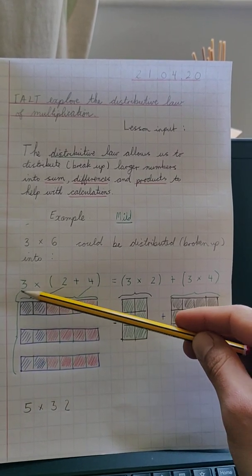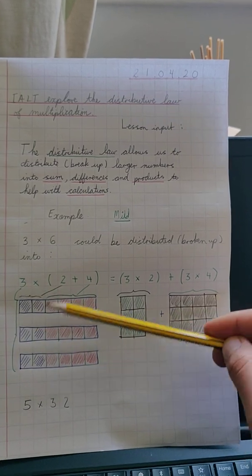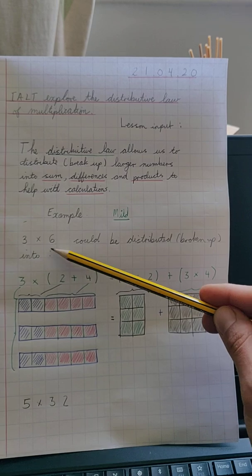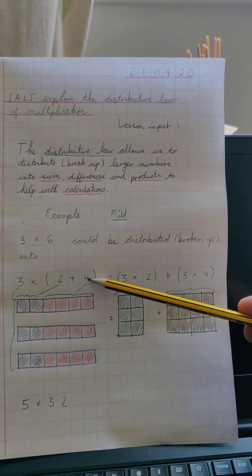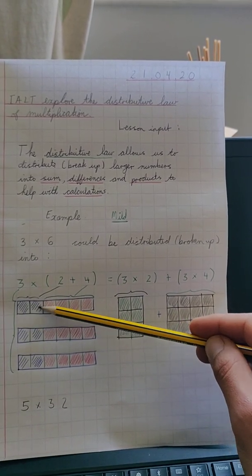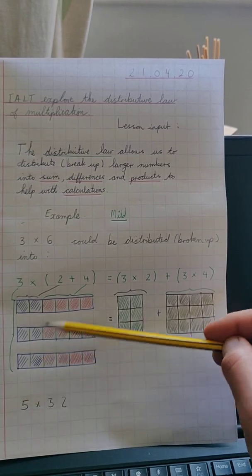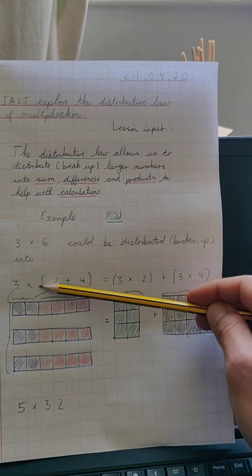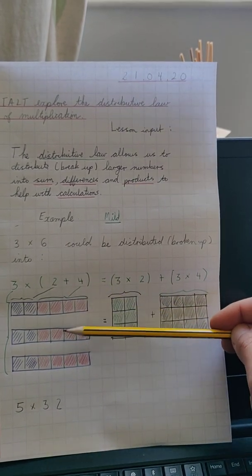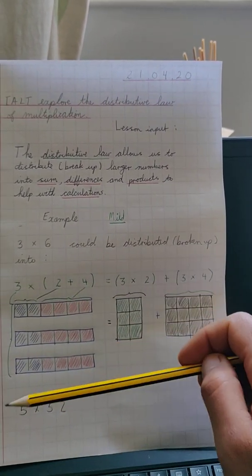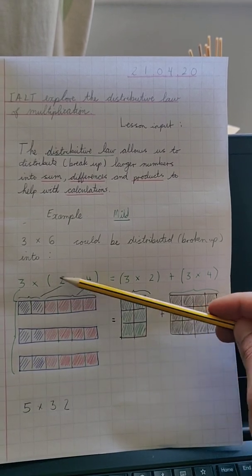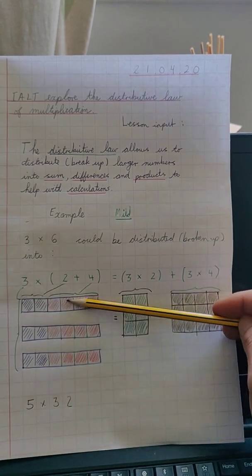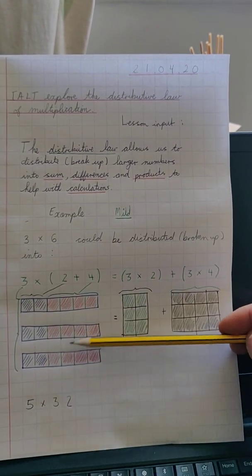Now, as I said, we have 1, 2, and 3, which is right here, but now I have distributed or broken up my 6 into 2 and 4. So I have 2 here, 2 here, and 2 here, and I have 1, 2, 3, and 4, and I needed to repeat it 1, 2, and 3 times, because that is what multiplication is all about. It's telling me that I need to repeat this addition of 2 plus 4 three different times.